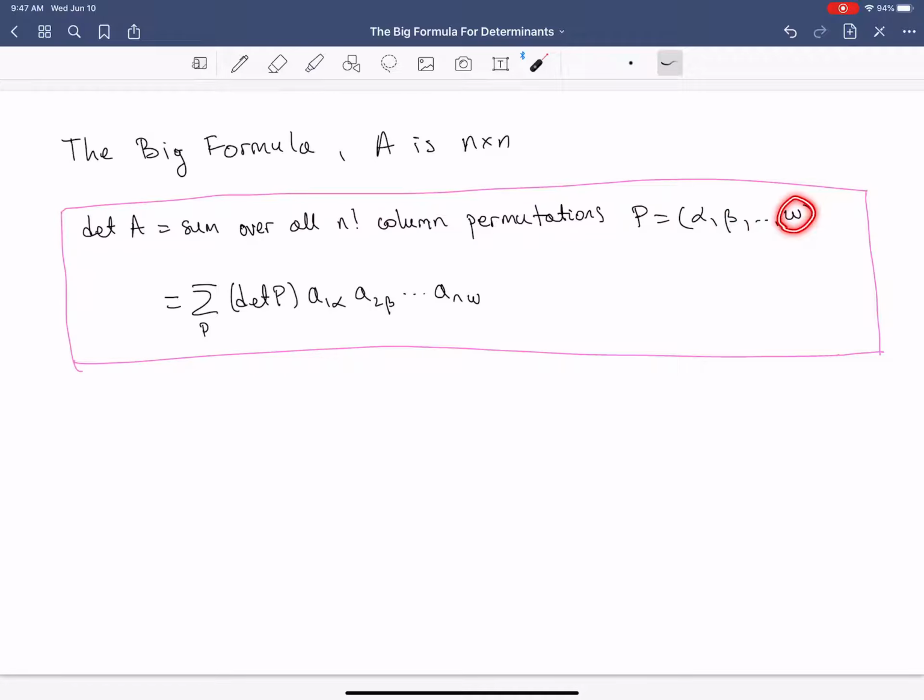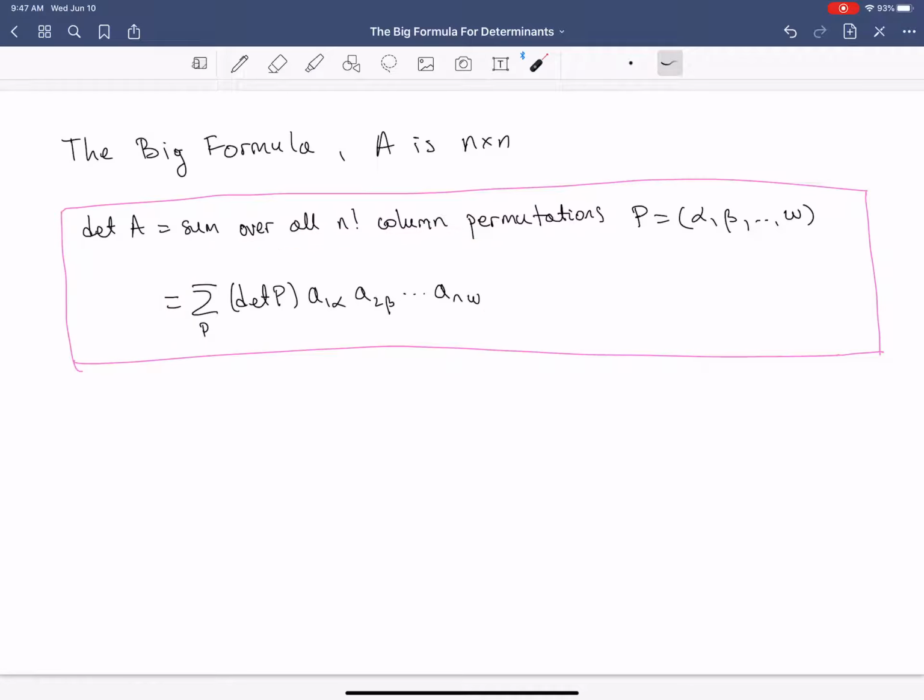And this term says take an element from the nth row and the omega column. And we have n factorial different permutations of size n by n, and so this sum will have n factorial many distinct terms.